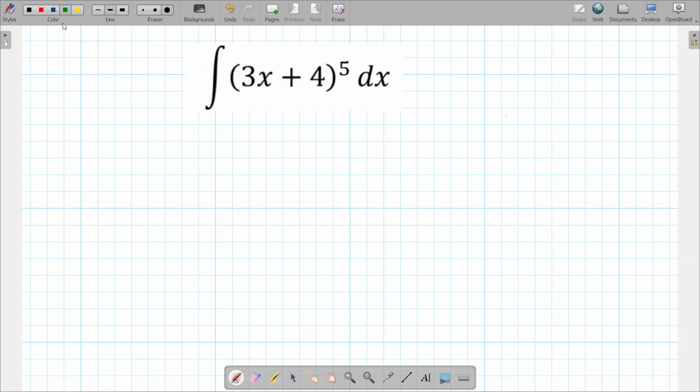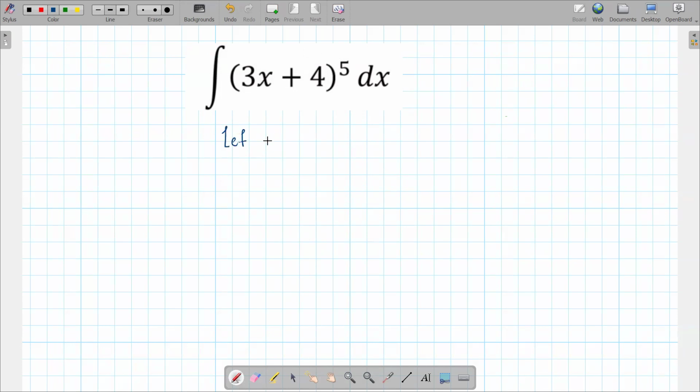But you'll see later as the problem becomes more complicated, that method is not going to work. There's another way to do this. And this works when you have a function within a function. If you look here, you have a linear function, and then there's a polynomial function of power 5 on the outside. What you can do is you can do a substitution.